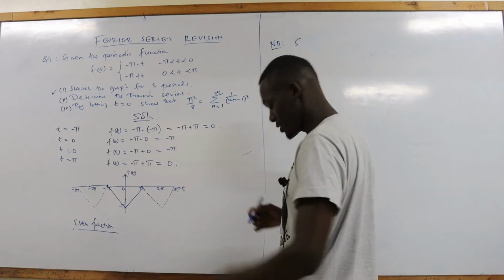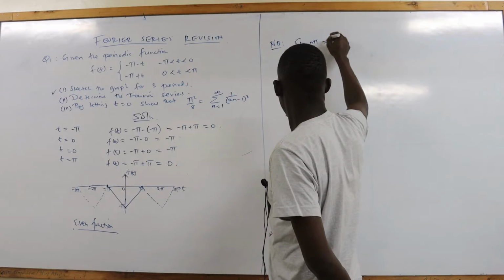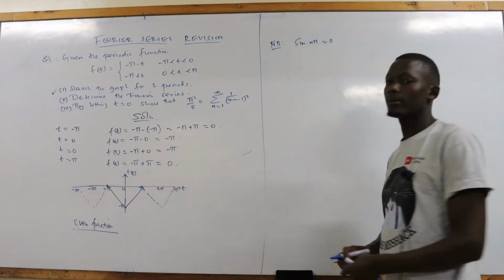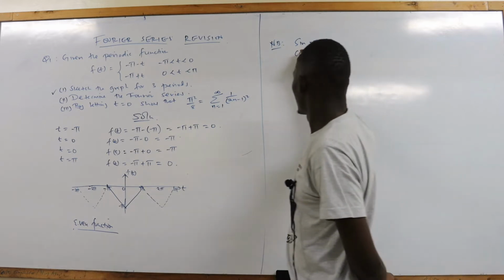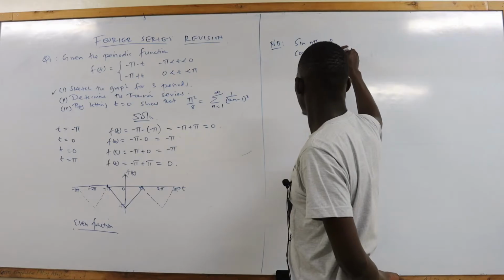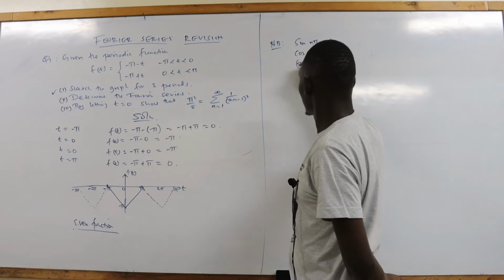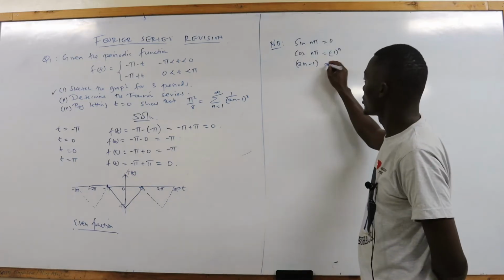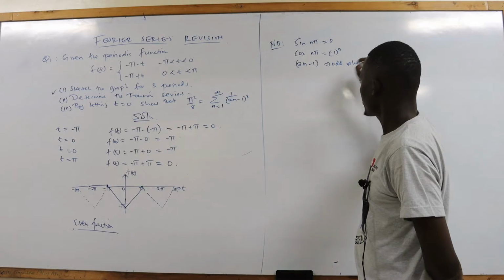Sine of n pi will be replaced by 0. Then cosine of n pi will be represented by (-1)^n, and 2n minus 1 will be used to represent an odd value. And this one is true.